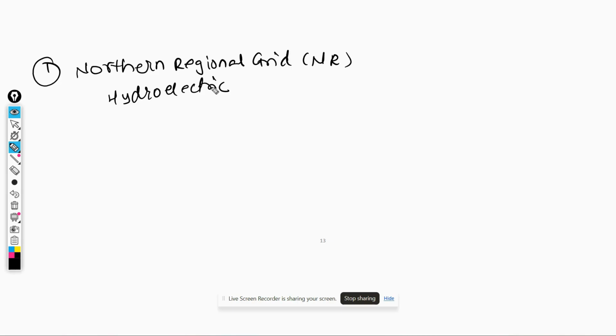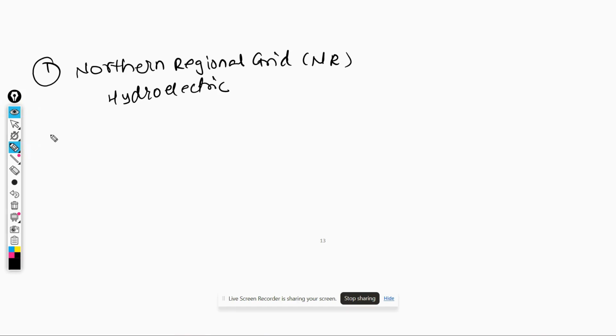Examples are the Bhakra hydroelectric project, then Nathpa Jhakri, and several other hydroelectric stations. Thermal power stations such as Rihand also contribute significantly.